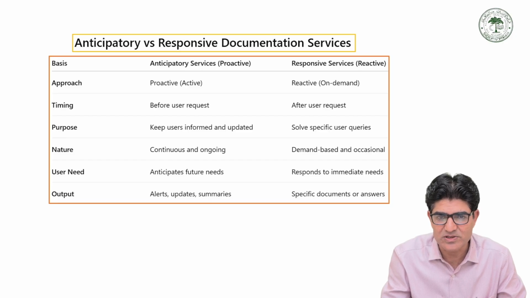On the other side, responsive services respond to the immediate user's need. In terms of the output, alerts, updates, and summaries are the outcome of anticipatory documentation services. On the other hand, a specific document or a specific answer to the query is the output of responsive services.